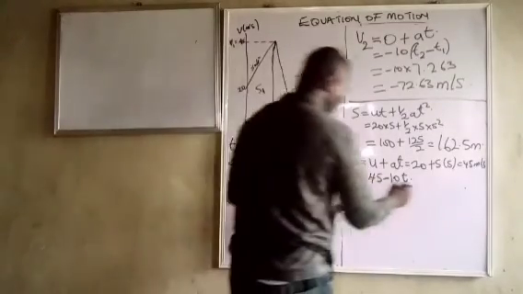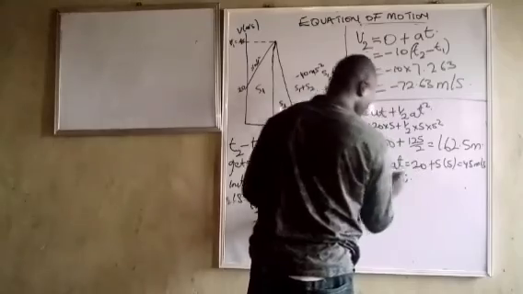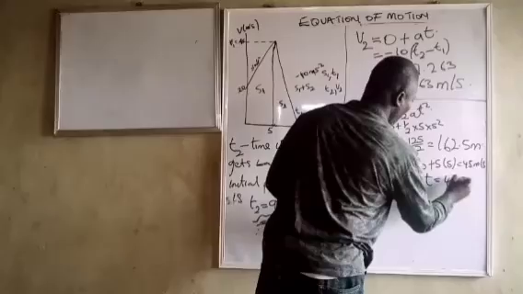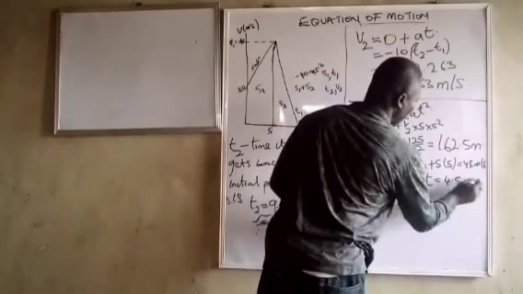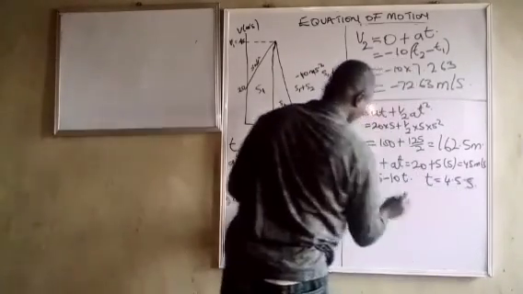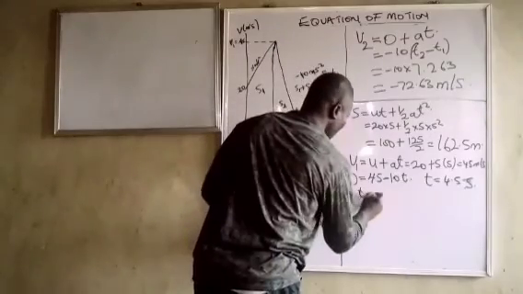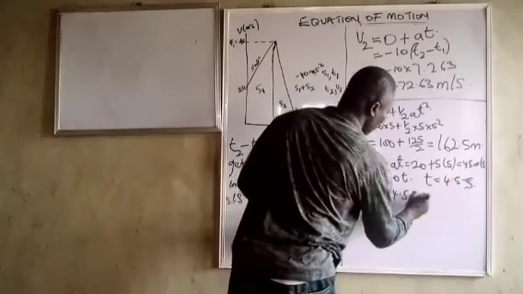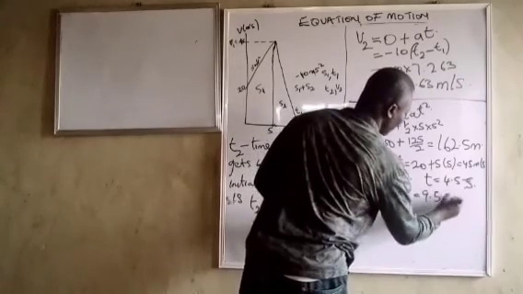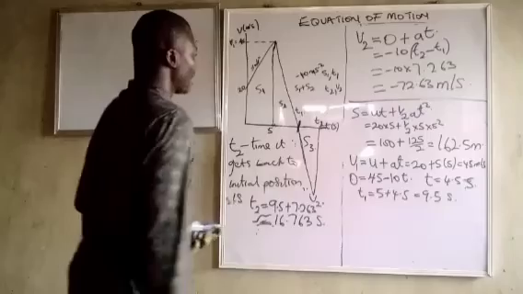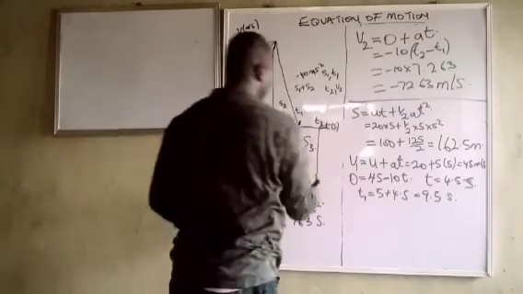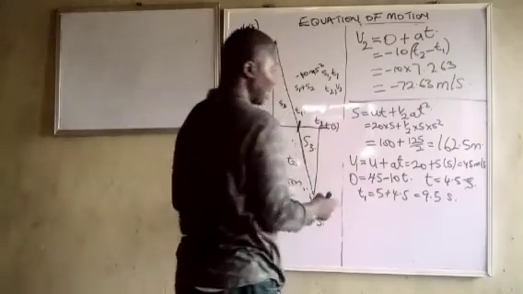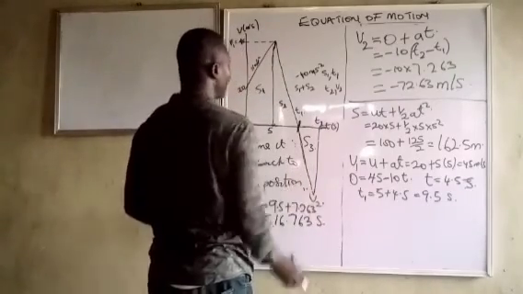As we got it before, we realize that t equals 4.5 seconds. So t1 is equal to 5 plus 4.5, which is 9.5 seconds. Now we can get this again by using our equation of motion to get this final one, even straight from here.